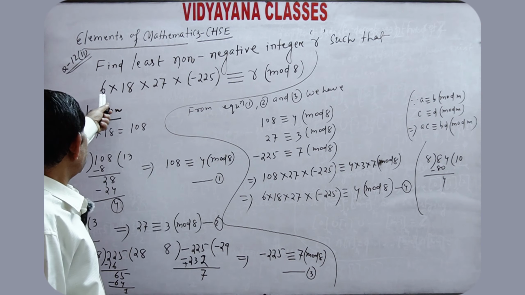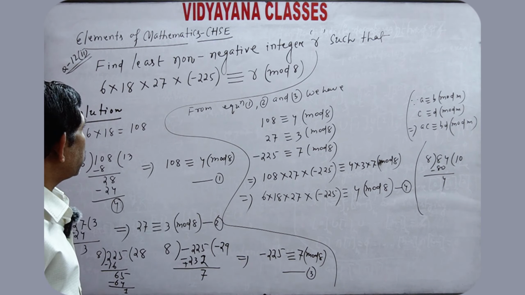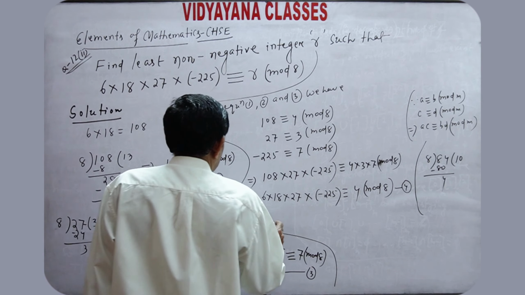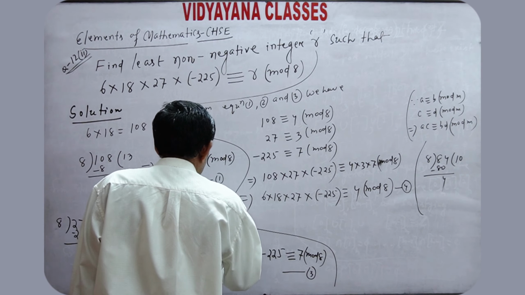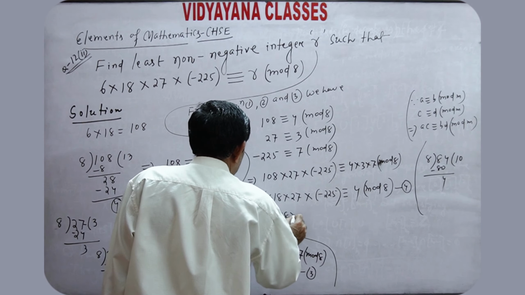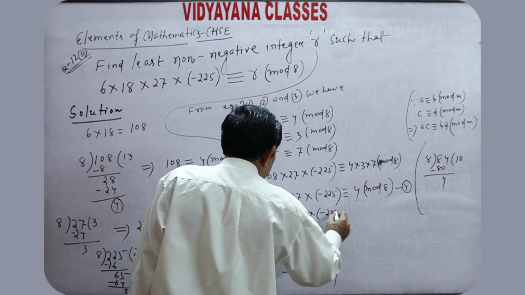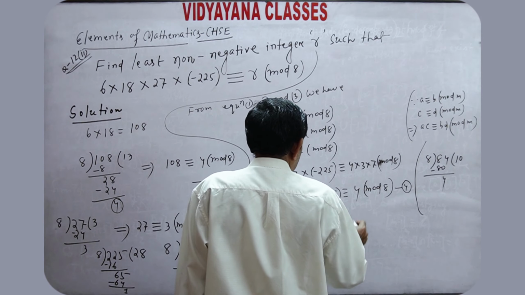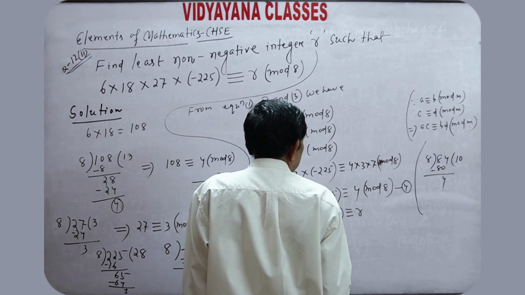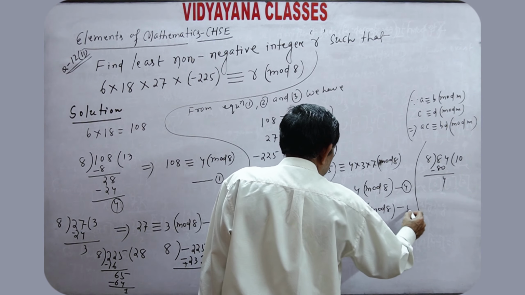But it is given that 6 into 18 into 27 into minus 225 is congruent to R mod 8. It is equation 5.